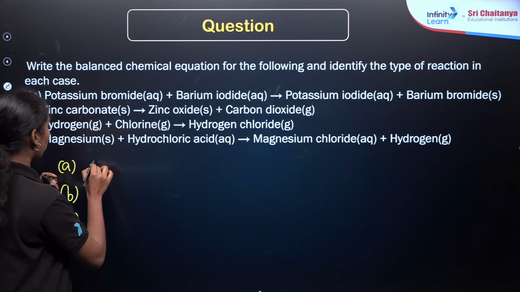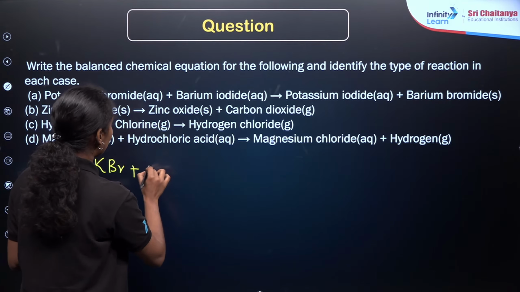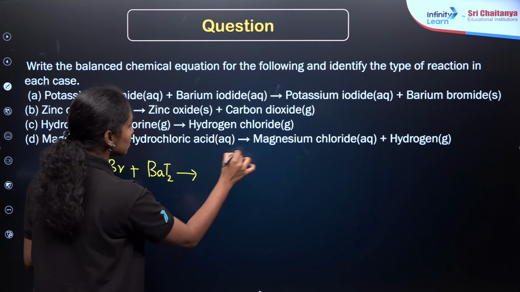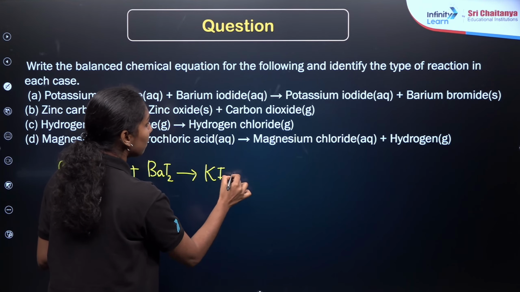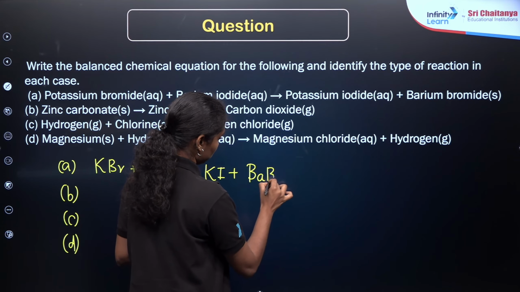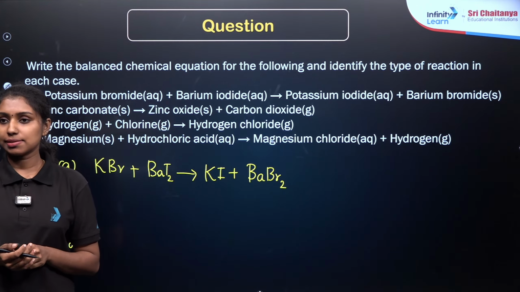Potassium bromide means KBr plus barium iodide BaI2 gives potassium iodide KI plus barium bromide BaBr2. Try to balance the equation.